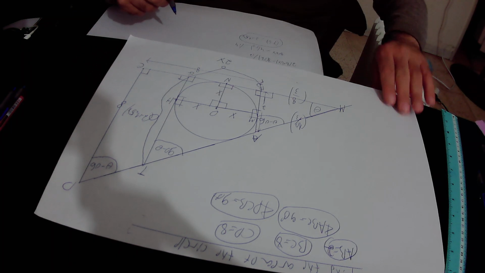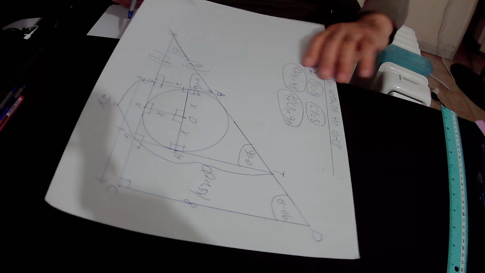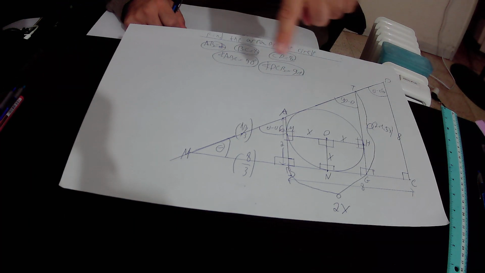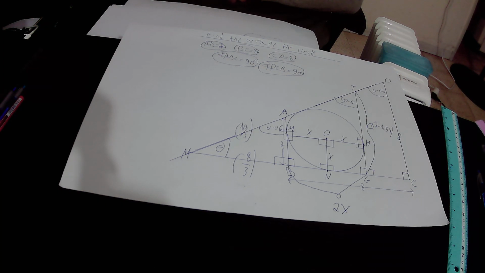From the fact that the big triangle MTG is similar to the small triangle AMB, we can derive that a relationship exists between their sides.